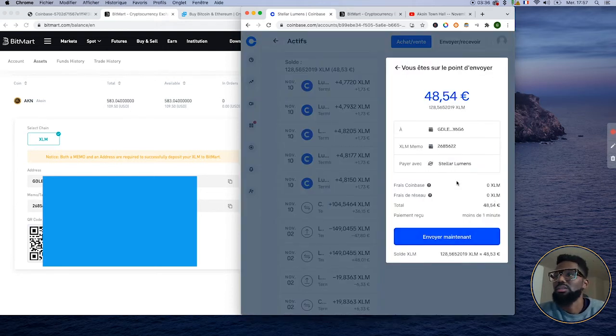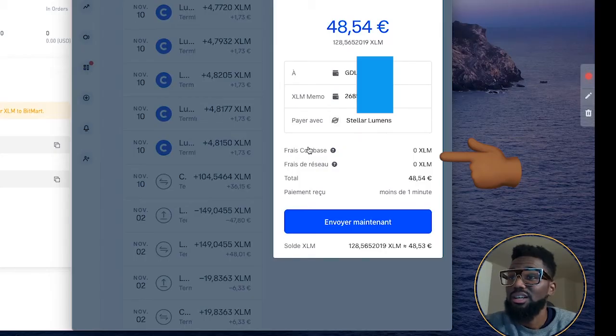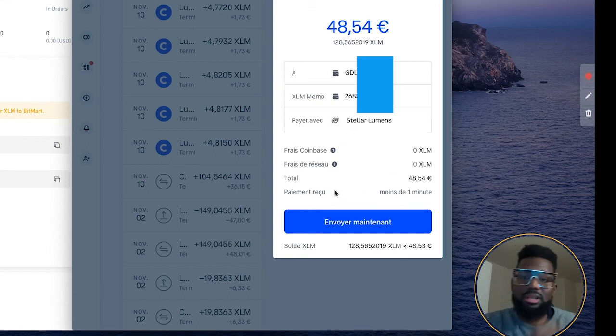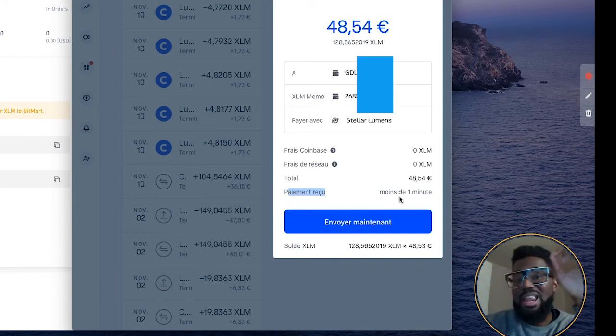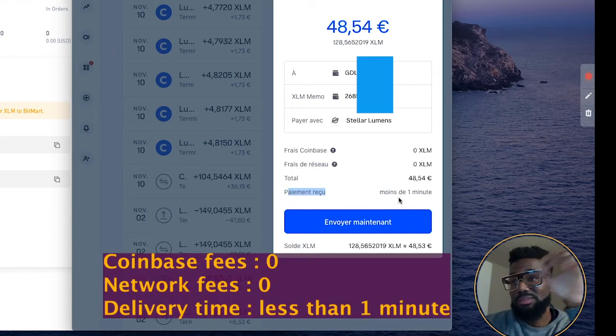And look. Coinbase fee 0. Network fees 0. Delivery time less than 1 minute.